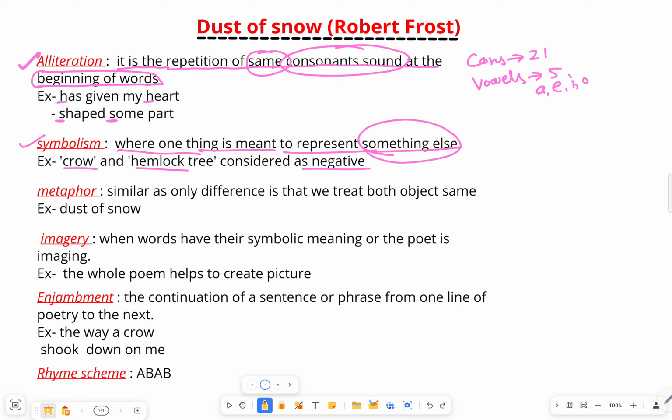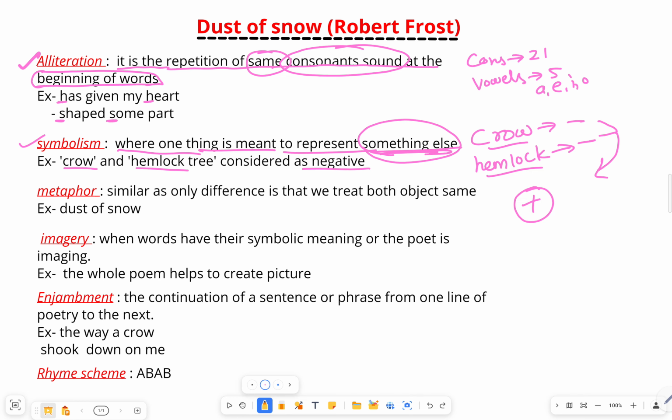We all know that in our society the crow is considered negative and the hemlock tree is also considered negative. Both are considered negative by society. But the poet Robert Frost, through this poem, tries to show that his heart is changed into positivity just by these two negative things. That is the most important part. That is what we call symbolism. It has a different meaning according to the poet, something else.